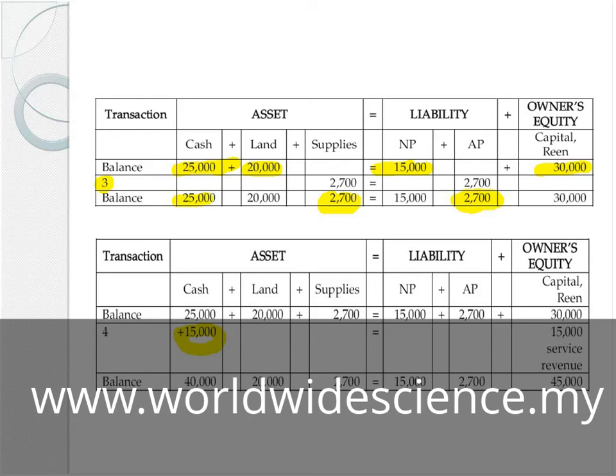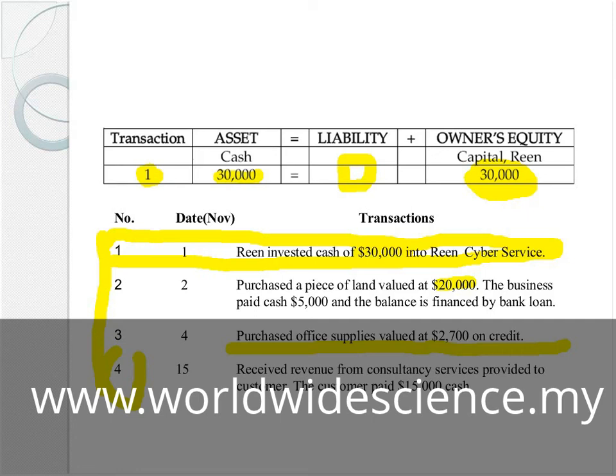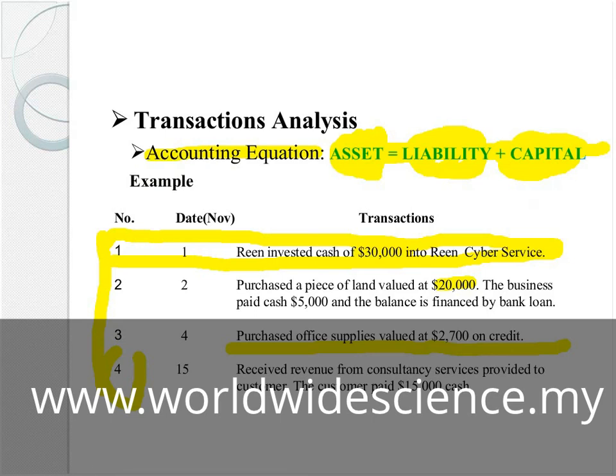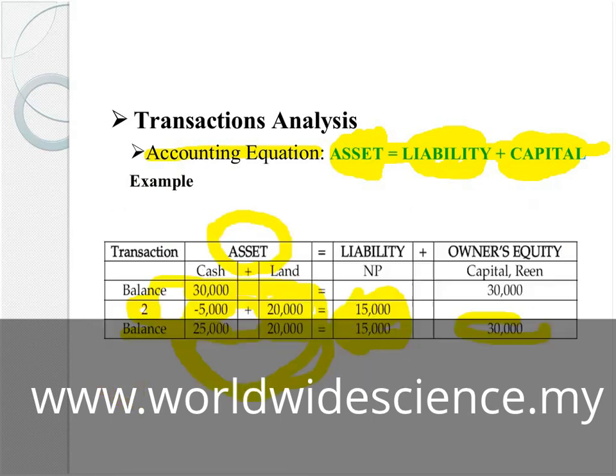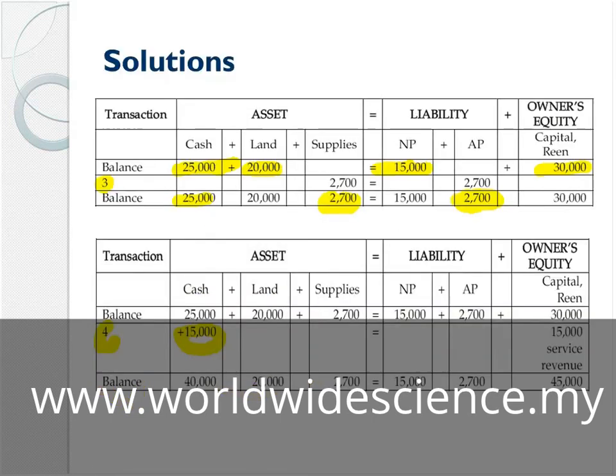And then let's see transaction number 4. Let's go back. Here is the revenue received. So we have received some revenue of 15,000 in cash. So we will add it to the cash of 25,000, which will be in total 40,000, plus land, we have 20,000, plus the equipment we bought for 2,700.